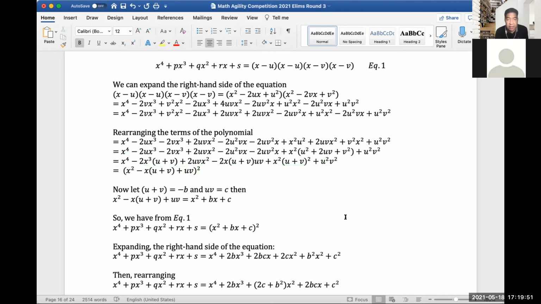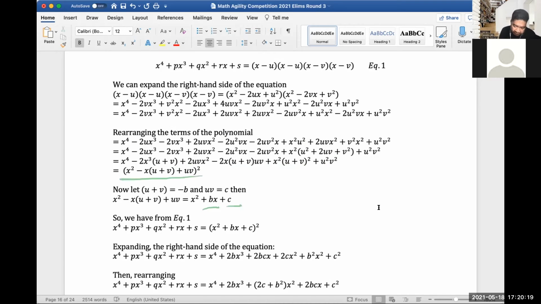Okay, so now let u plus v equal negative b and uv equal to c. So we're eliminating the variables u and v. So I tried to use this equation, and to make it positive, I use negative b. So I got bx and then uv as c, right? And then so we have from equation 1, we have here, right?